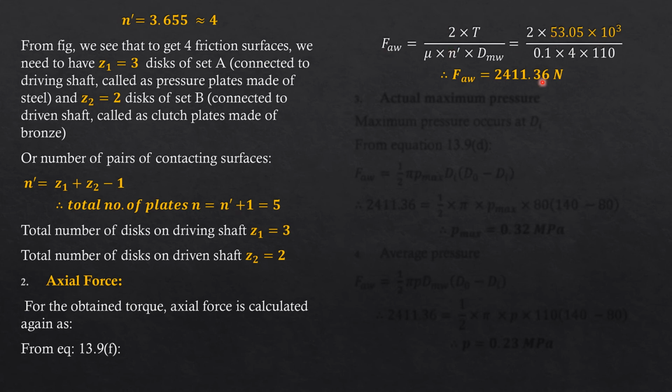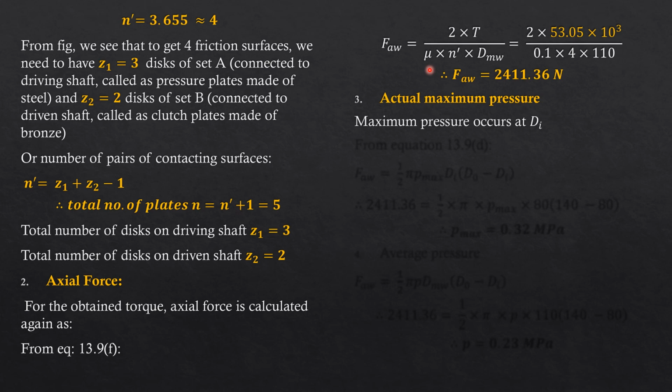You know the value of the torque here, and the mean diameter, and the coefficient of friction also you know. Substitute and you will get the axial force as 2411.36 Newton, right?